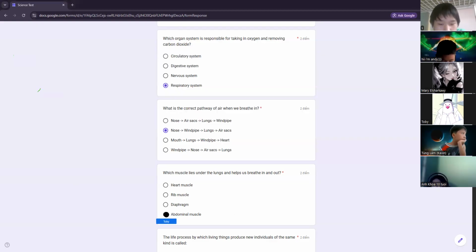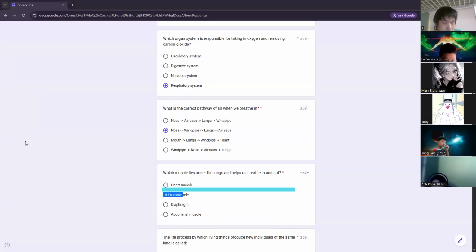The abdominal muscle is a muscle around your... No, it's not the rib muscle. The ribs are a form of bone, and therefore you can't have a rib muscle. Yes, it's the diaphragm.